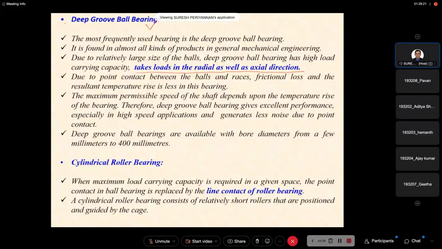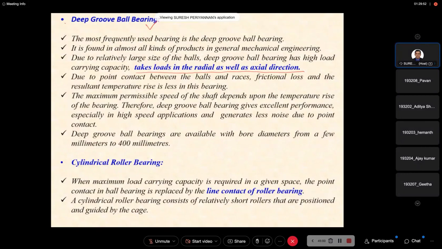Because of the point contact between the balls and races, the friction loss and temperature rise will be less. Hence, this type of bearing can be used for high speed rotation.